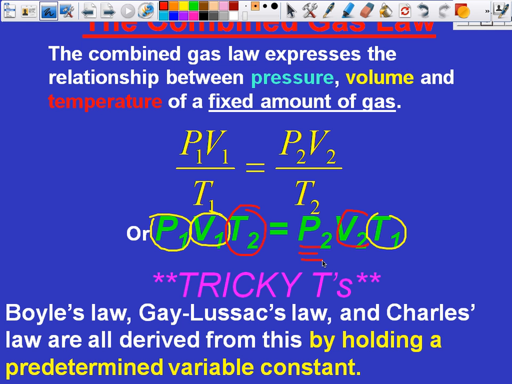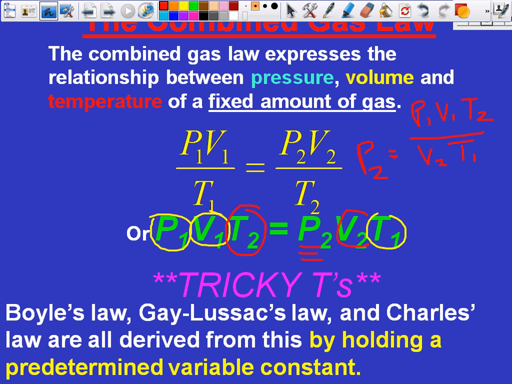This should be a very simple calculation, just basic algebra. For P2, you divide each side by V2 and T1. So you get P1, V1, remember tricky T's, T2, over V2, T1. You take the numbers they gave you, plug them in, and go from there.